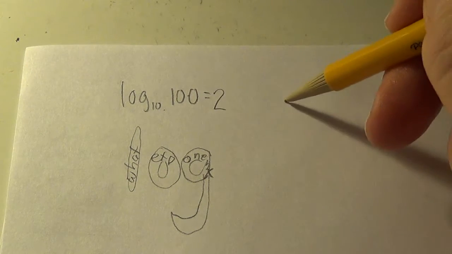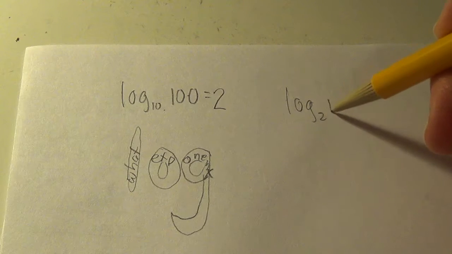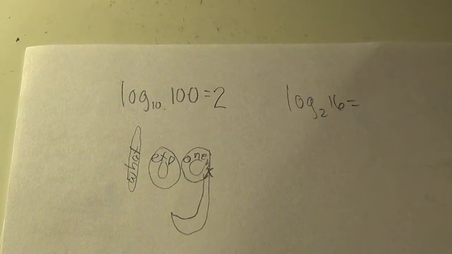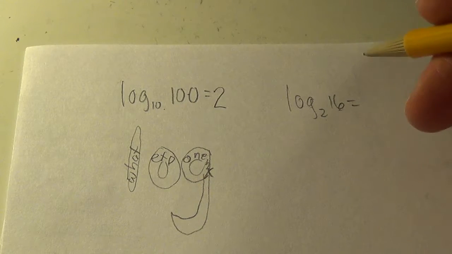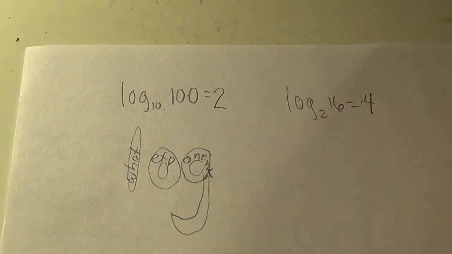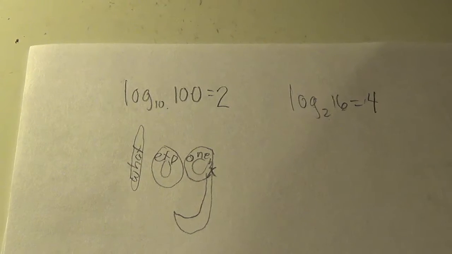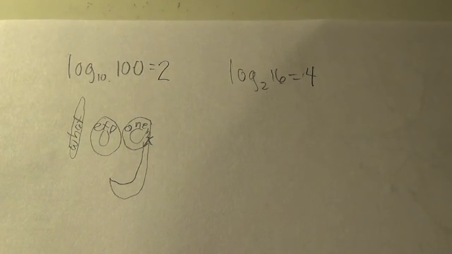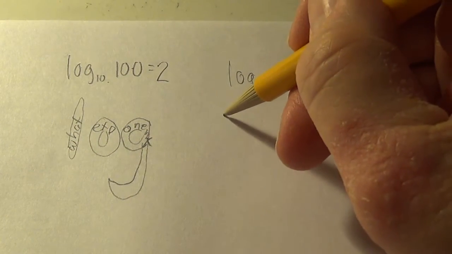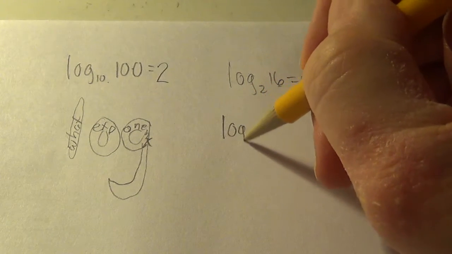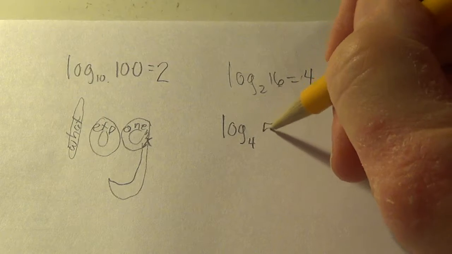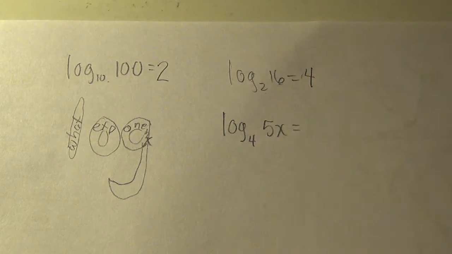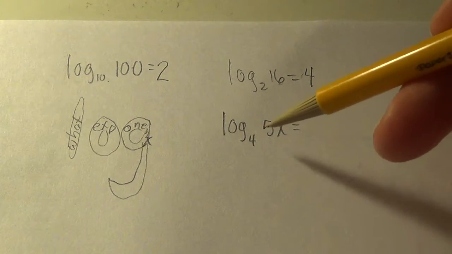So what would log to the base 2 of 16 be? What exponent do I give 2 to get 16? Alright, we went from there to log rules, and I won't do the A and B form, I'll do an example. So we could take a log to a given base times an expression where you have two things multiplied.